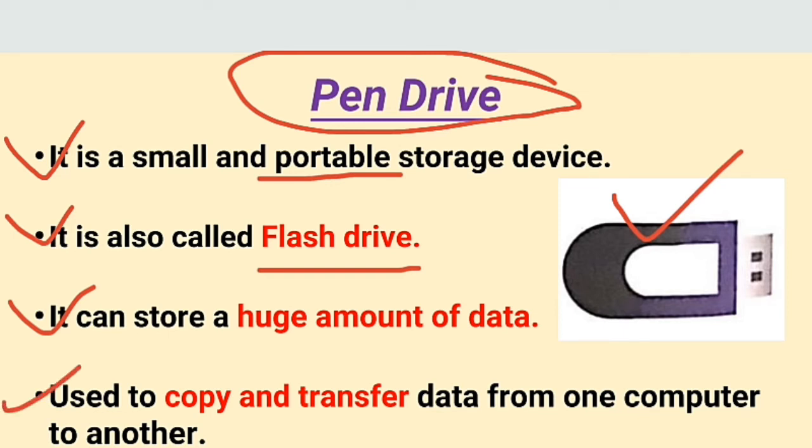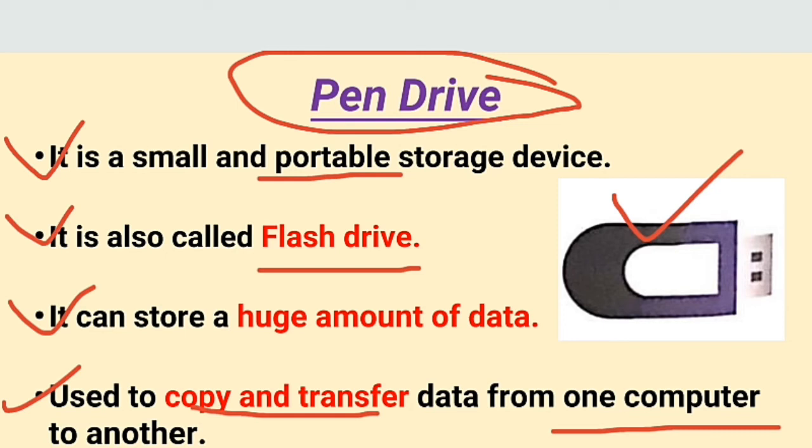They are used to copy and transfer data from one computer to another. Like in our lab, we are doing work on computer number 1. There is no internet connection.